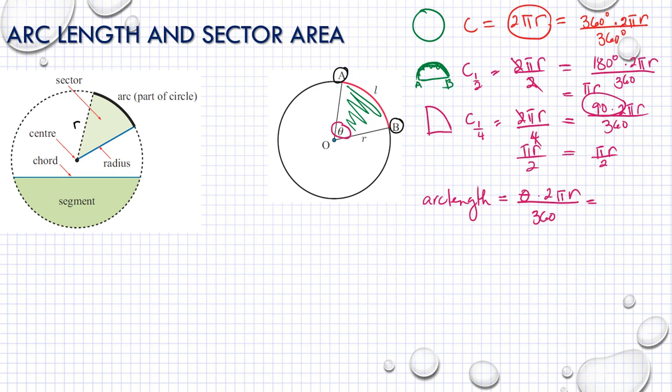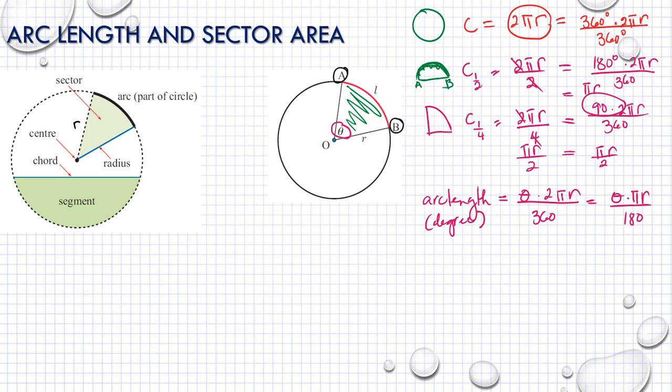Or we have theta multiplied by pi r divided by 180 degrees. Okay, this is for the measurement in degrees.